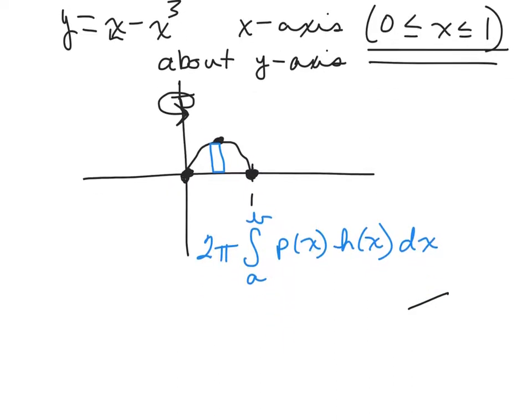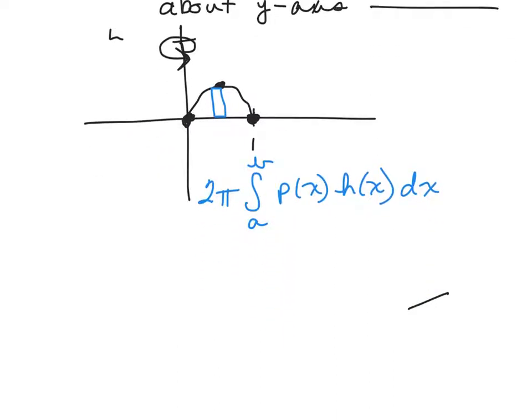Okay, which for us is going to be 2 pi. I'm in terms of x, so my bounds need to be thought of in terms of left to right. So my leftmost endpoint is here, my rightmost endpoint is there, and those have x values of 0 and 1. And now I need my p of x.